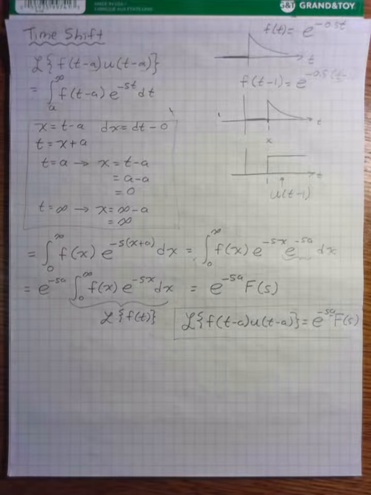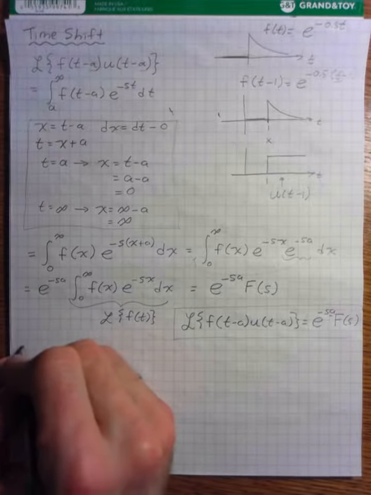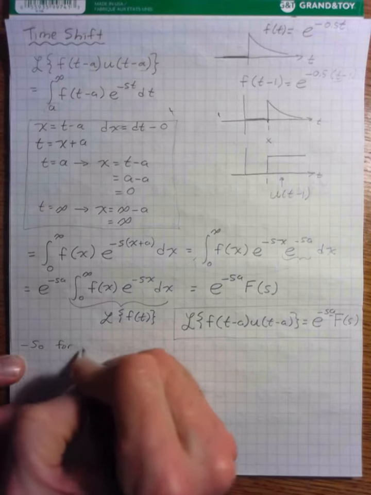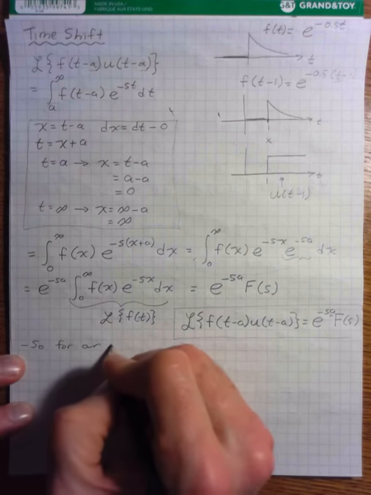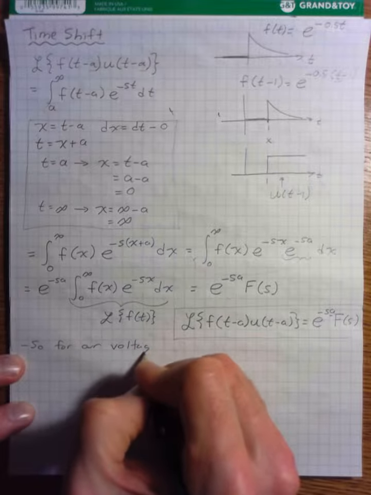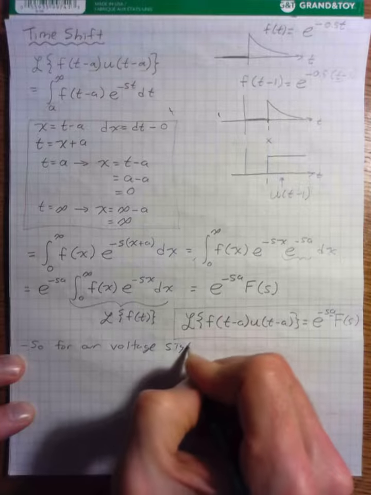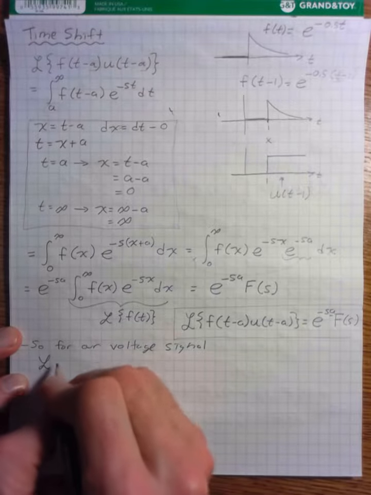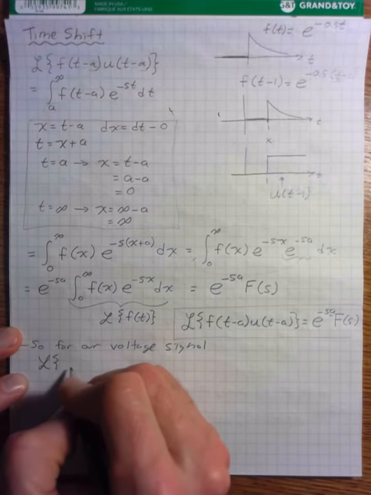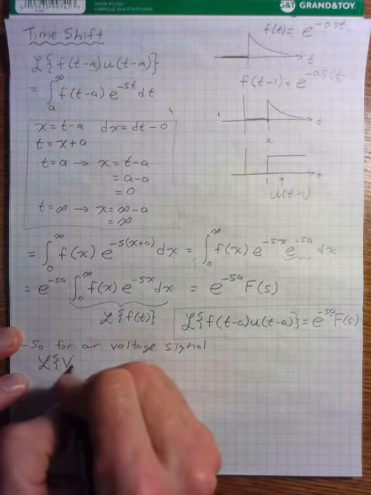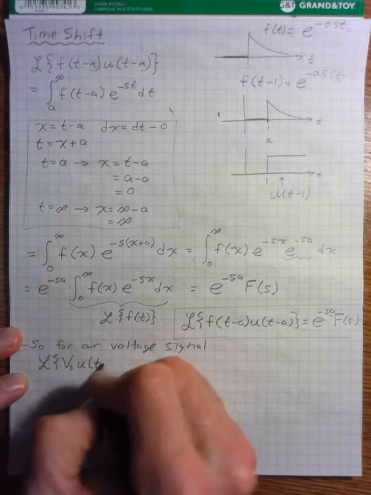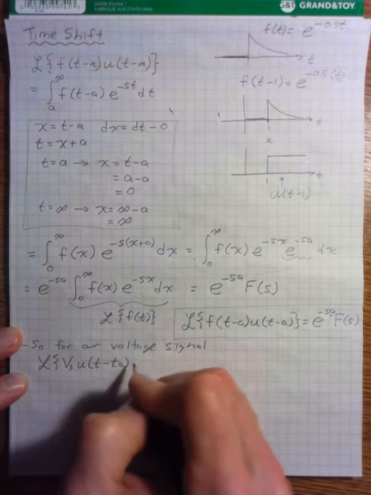And so now if we go back to our voltage signal, our input signal, really what we want to do is take the Laplace transform of our source voltage multiplied by a shifted version of the unit step, right?